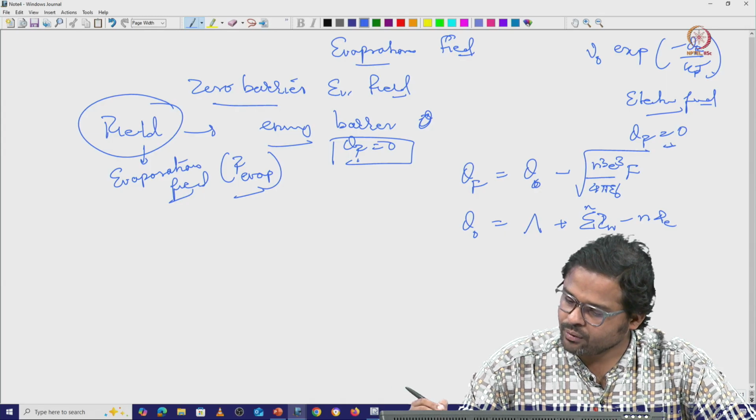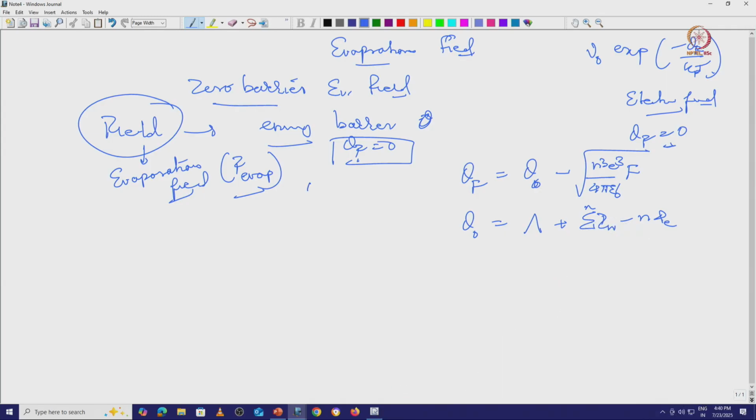Okay, so now as I told you, QF is equal to 0, correct. If you make QF equal to 0, then your F0 becomes root of n cube E cube divided by 4 pi E naught, and during that time the field is called field evaporation.